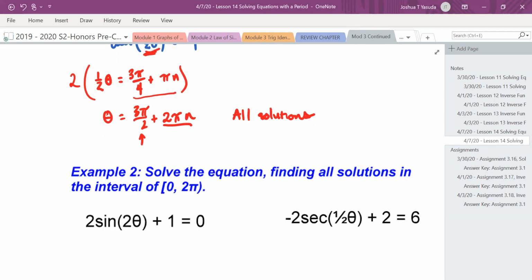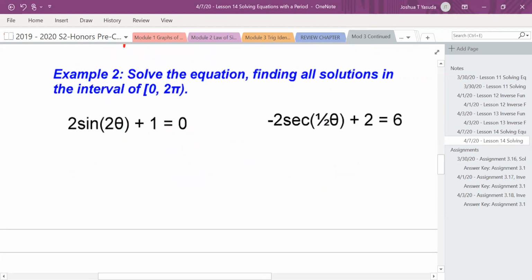Not if they're nice ratios, which they should all be nice ratios on tonight's homework, which I'll put up after this. All right. So here we go. Find all solutions. So we're going to get sine of 2 theta alone, which is going to equal -1/2. Okay.